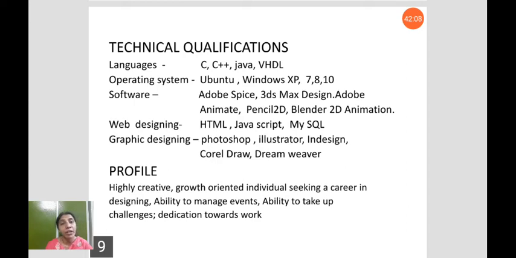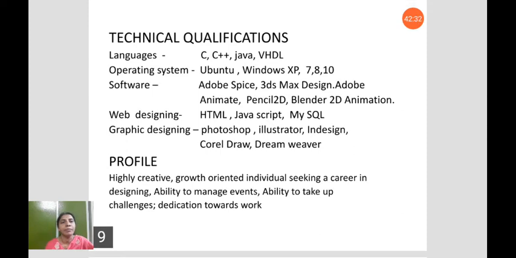There we have told IT industry, but we have changed it for our convenience to career in designing. And managing events was there in the advertisement, so we have slightly changed it to ability to manage events. Okay, ability to take up, and the rest is all the same.